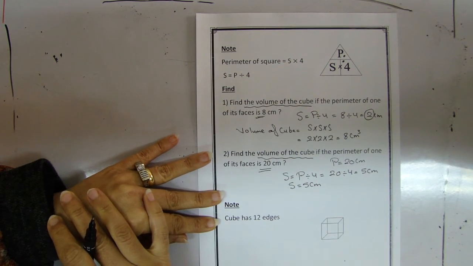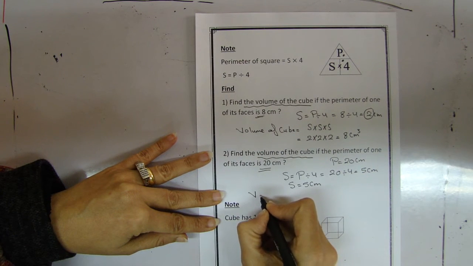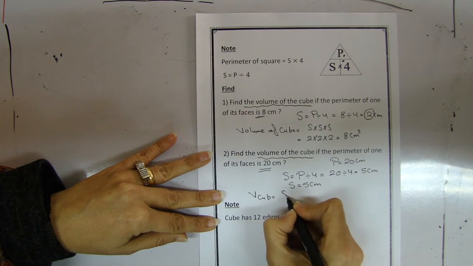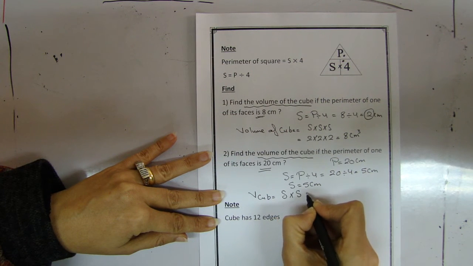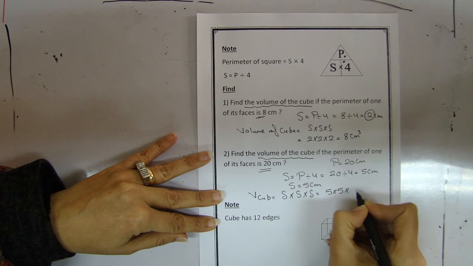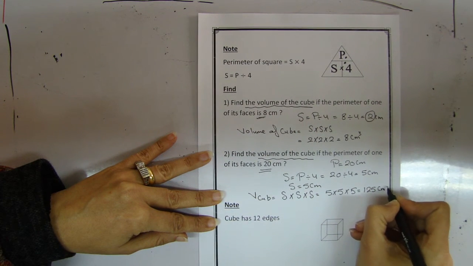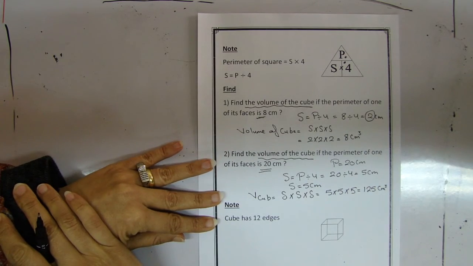We can get the volume. Volume of cube equals side times side times side, 5 times 5 times 5 equals 125 cubic centimeters. Okay?